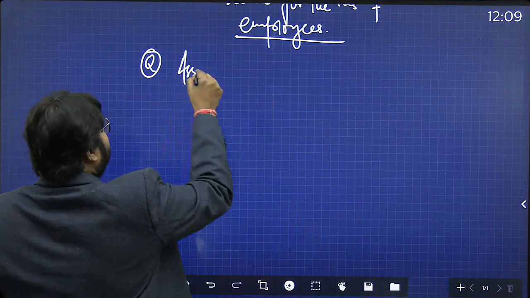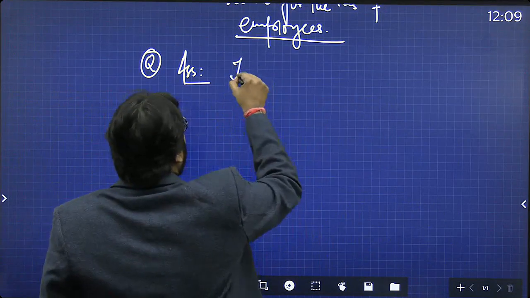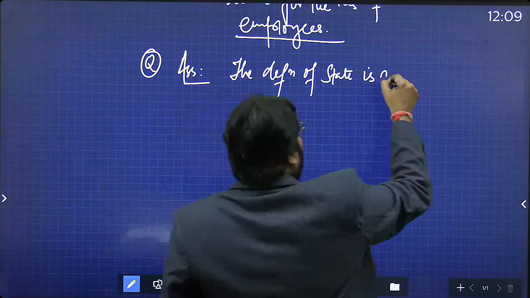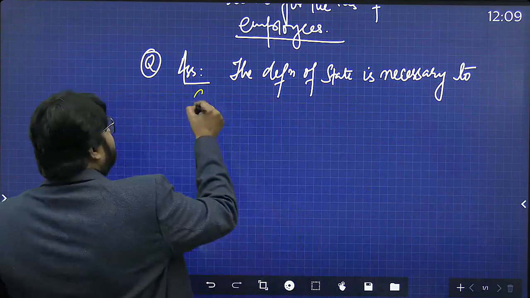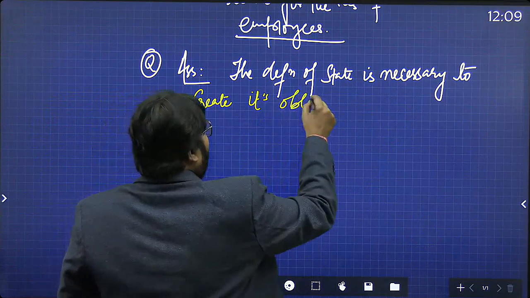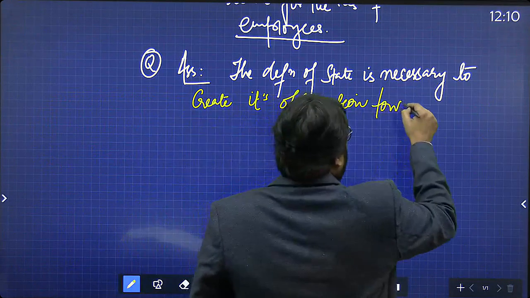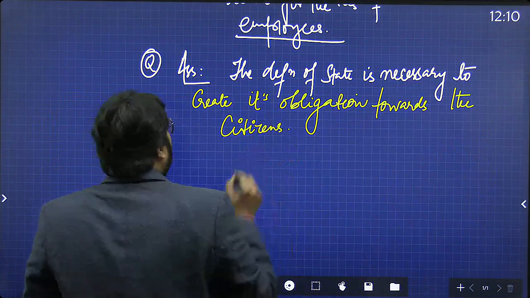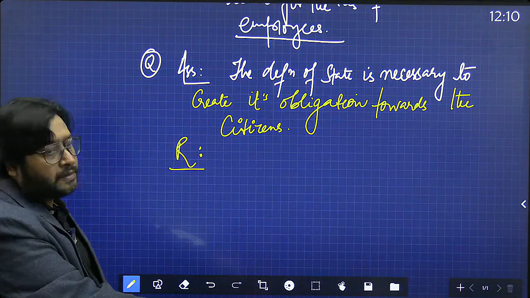Right. Assertion: The definition of state is necessary to create its obligation towards the citizens.